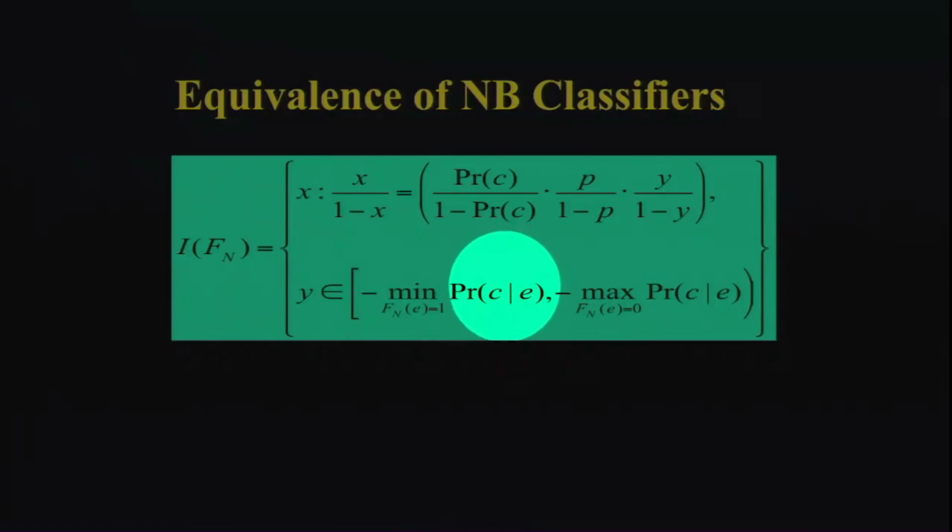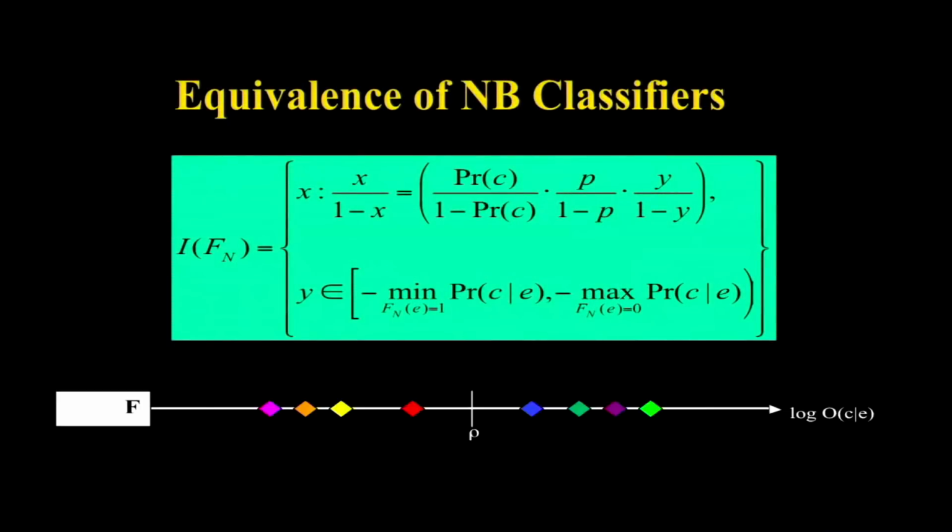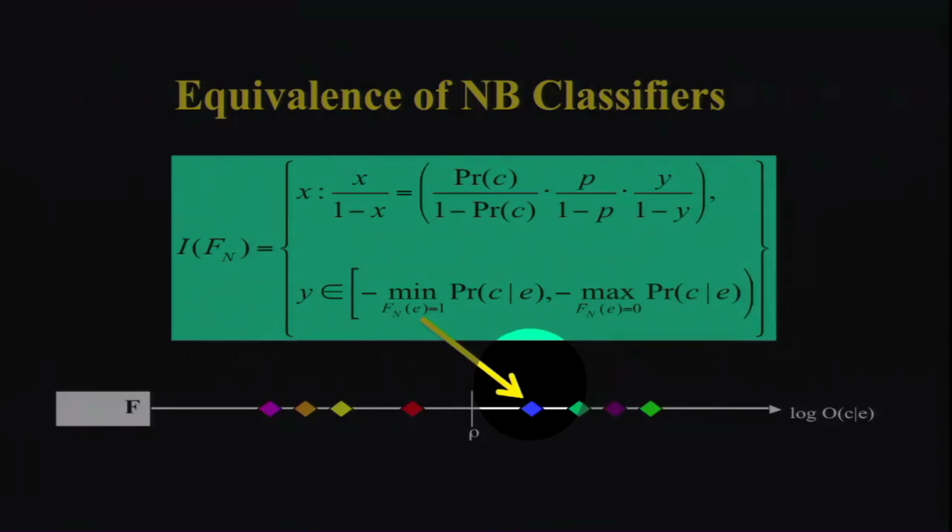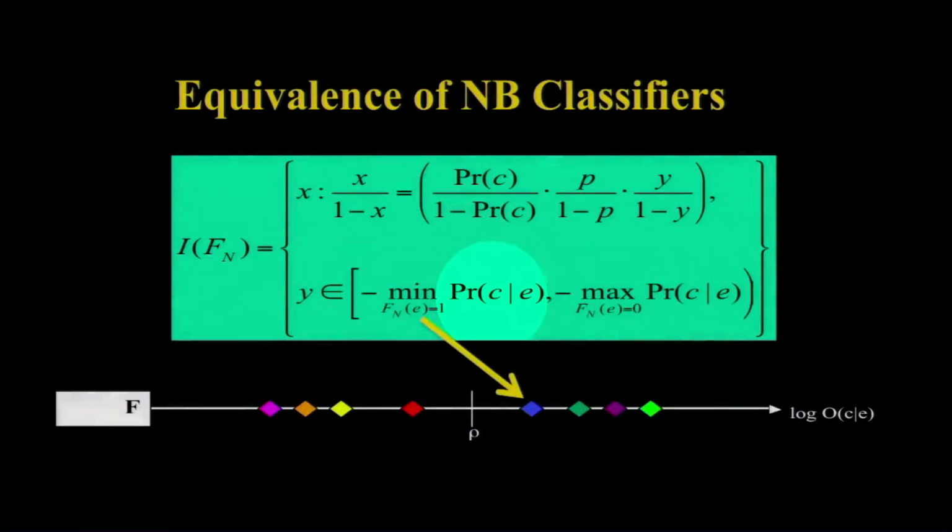This is the lowest positive instance. And what am I doing here? I'm looking at C given E, and I'm searching for the instance E that is negative, that maximizes that. So let's look at our visualization. This one is this, and the other one is that. Makes more sense now. Of course, there's a little bit of math behind this, but you can see what's going on here.